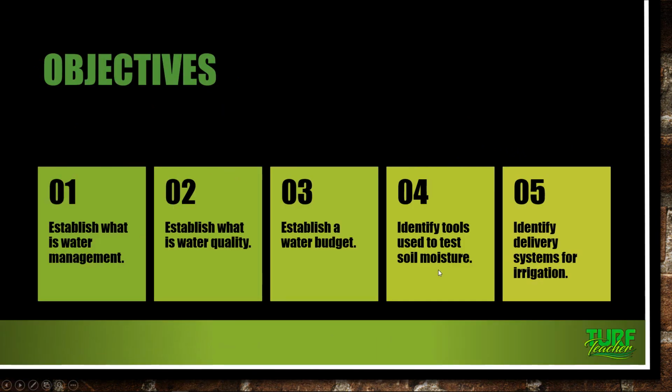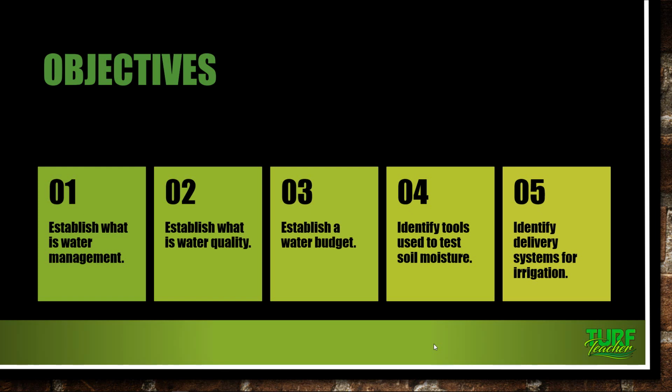And we are going to look at our objectives first. We're going to establish what water management is to start with. We will discuss what is water quality. We will establish a water budget. And guys, I'm really getting interested in doing water budgets. It's something that maybe I want to do a little more case studies on and actually create some labs and some more training that we can put online for you guys and for my students at the college.